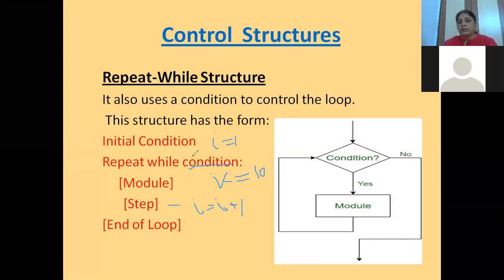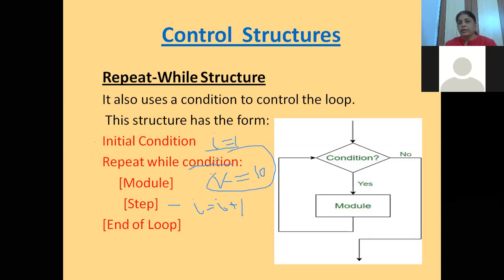Okay, so these conditions are not there in a single line, just like in a for loop, where it is easy to write. Means in one single line you can write the initial condition, the condition and the step. But in the repeat while structure, your initial condition should be before your while loop. Here you are giving I is equals to 1. What is your condition?